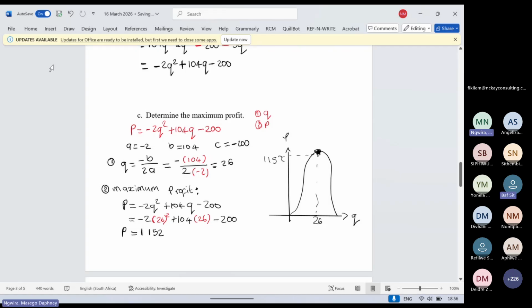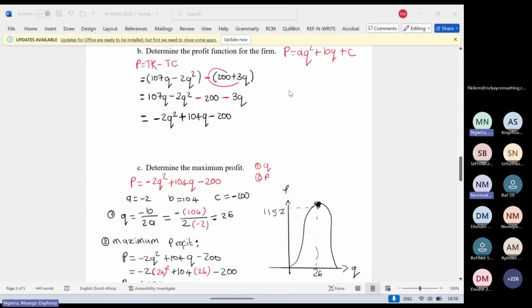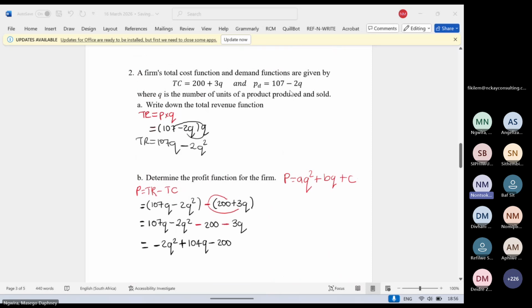Can I ask, can we go back to the final answer? You wrote negative 2Q squared, and just the last 104. I get it with minus 107 minus 3, it gives us 104. Why did the sign change to a positive?